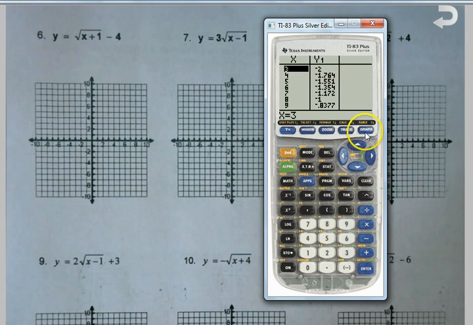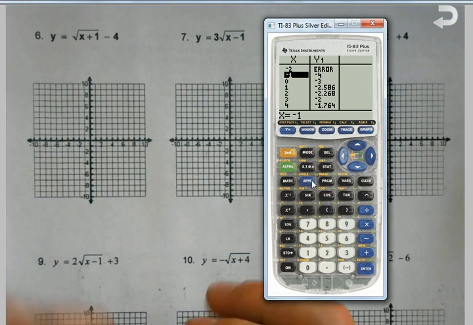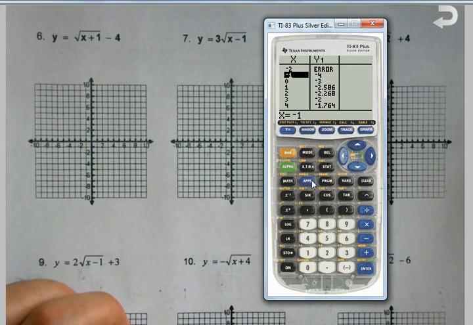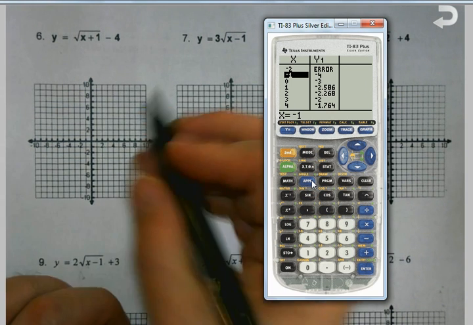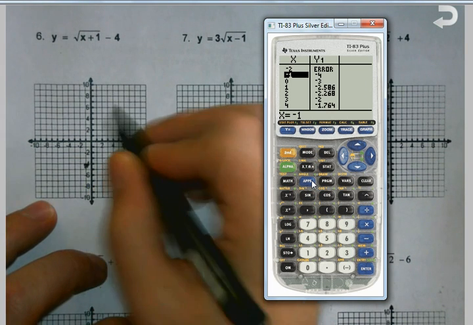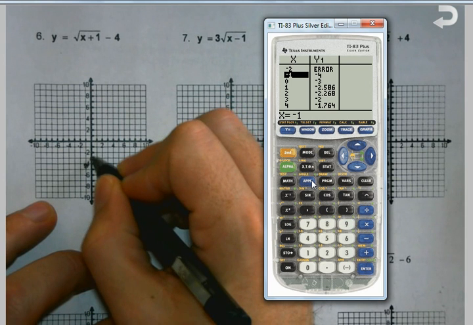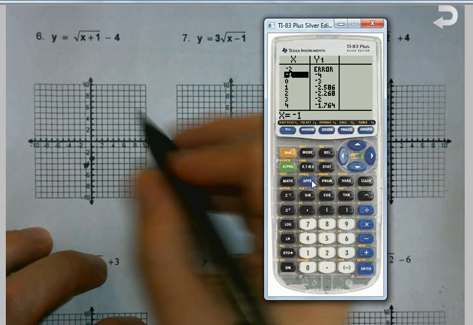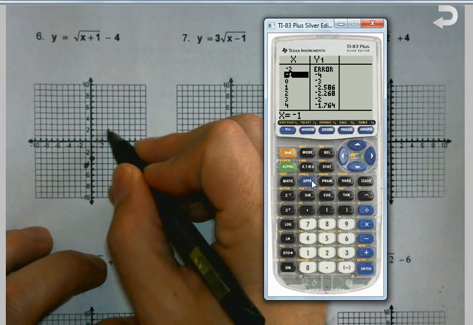Well, let's try to get some nice numbers here to work with again. So I'm going to plot the points that are coming out as whole numbers. So I see one at -1, -4, at 0, -3. Let's see, at 3, negative 2.